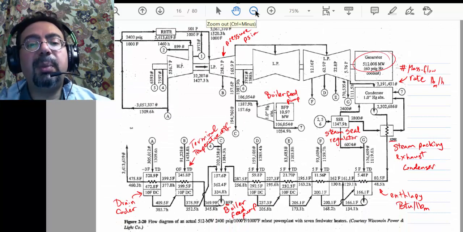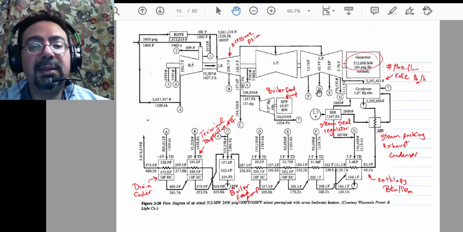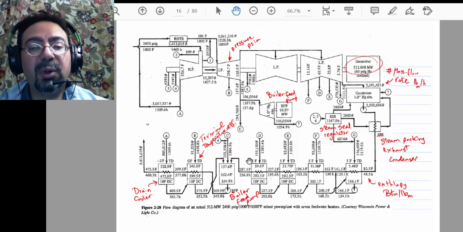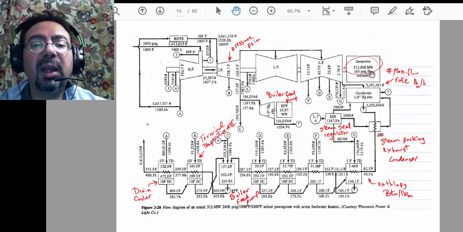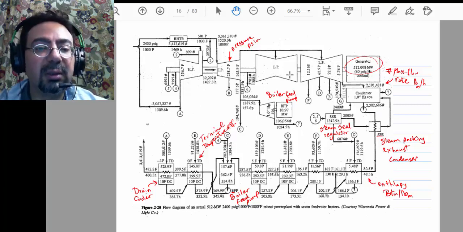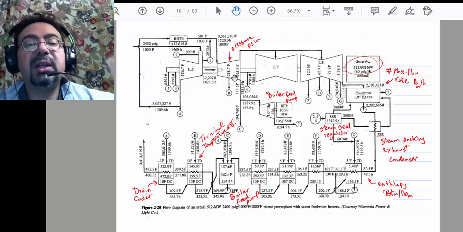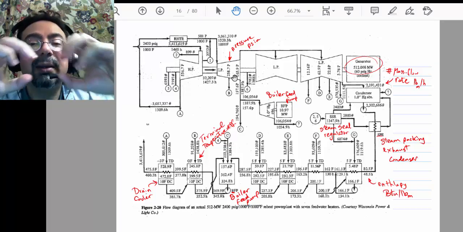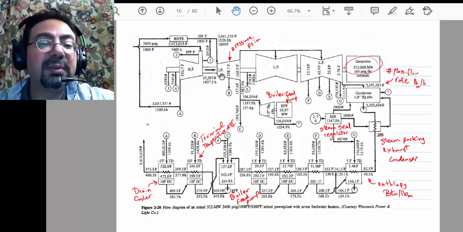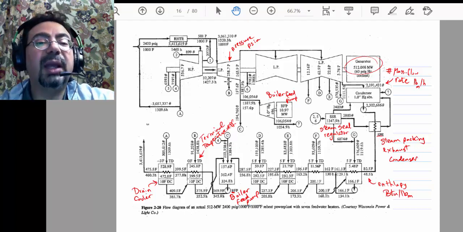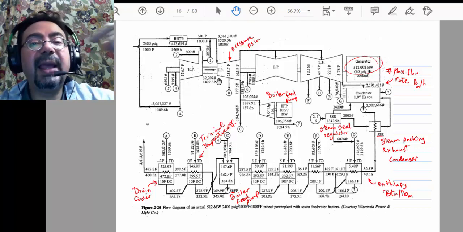So, the steam power plant. We saw that sketch before. This is how it would look in real life. It's not just one turbine, it's 4 turbines, or 3. So high pressure, intermediate pressure, and low pressure. And you can see how the high pressure and intermediate pressure turbines are sitting back to back. Why are they doing this? So that they cancel the axial thrust.